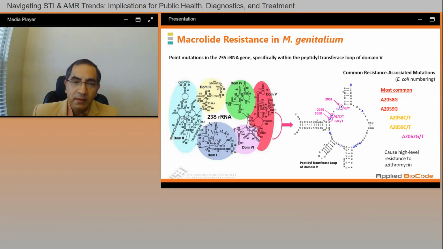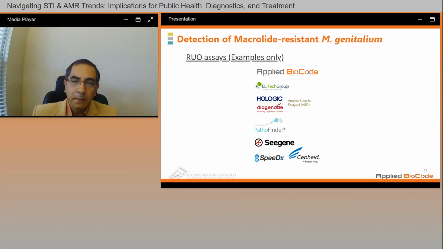Other mutations such as A2058C or T, A2059C or T are less frequently encountered. A third group of mutation, A2062 to G or T, is rarely encountered. All of these mutations cause high-level resistance to azithromycin treatment.